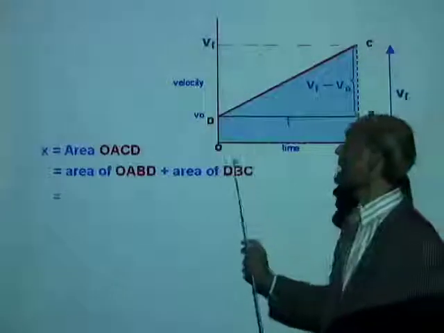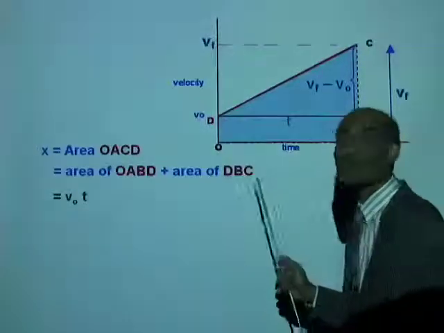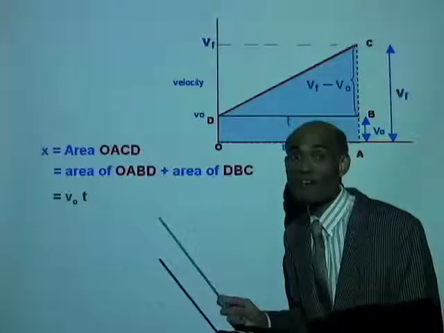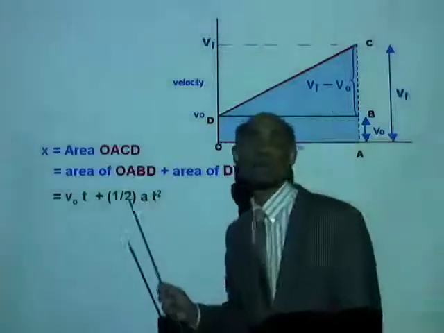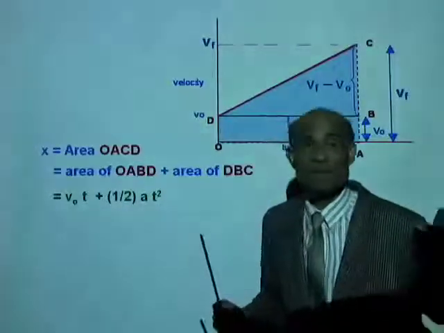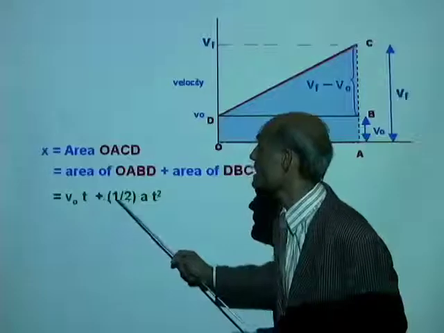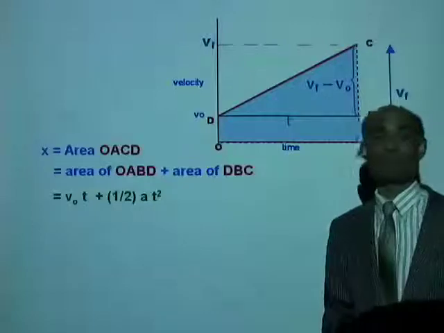V0 multiplied by T, plus what is the area of the triangle we just obtained? 1/2 AT squared. And again, look at another beautiful equation. X equal to V0T plus 1/2 AT squared.